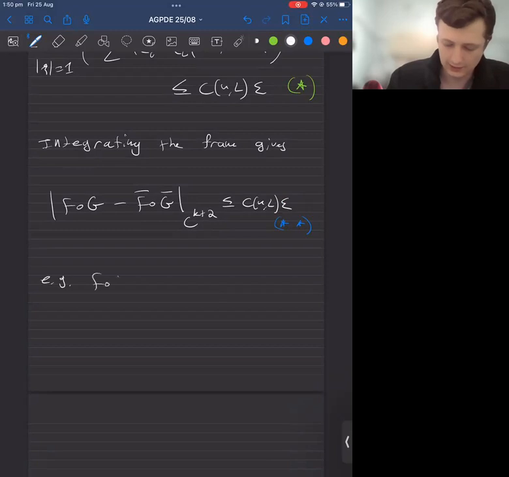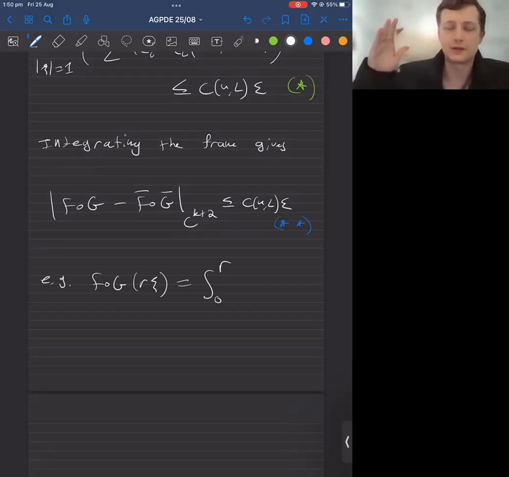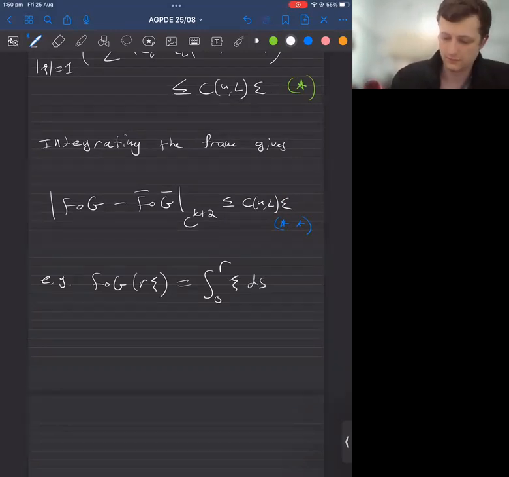So the way you can see this is you write f after g of arc C. Remember, this is just your exponential map, essentially. So you can write that as the integral over the derivative of the exponential map. But the derivative of the exponential map is just the velocity of the geodesic, right? So it's just C, which is just Ci integral from 0 to r of EI.